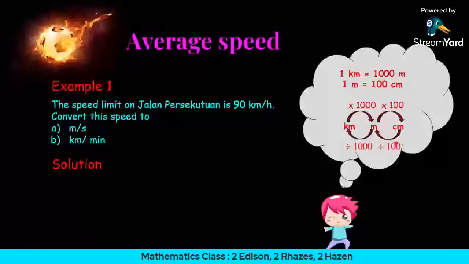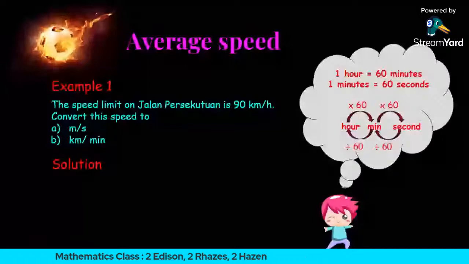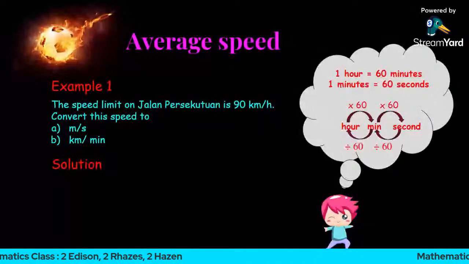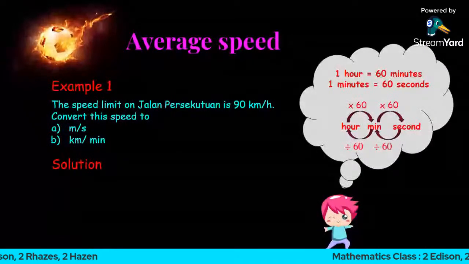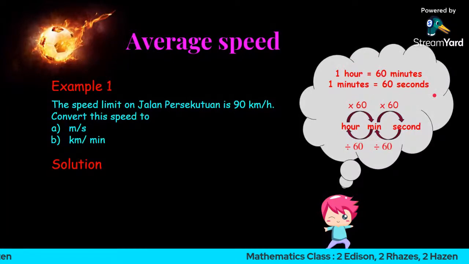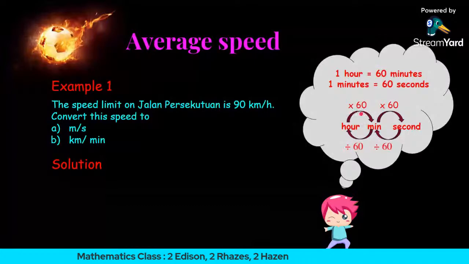How about time? 1 hour is equal to 60 minutes, and 1 minute equals 60 seconds. To convert hour to minute, you times 60, and minute to second, you times by 60.